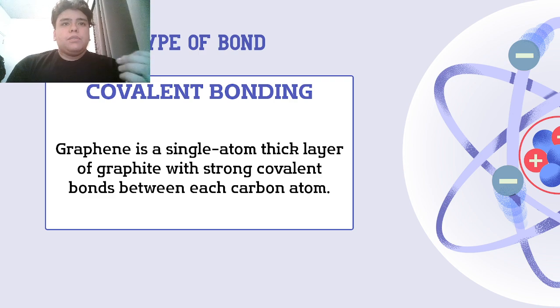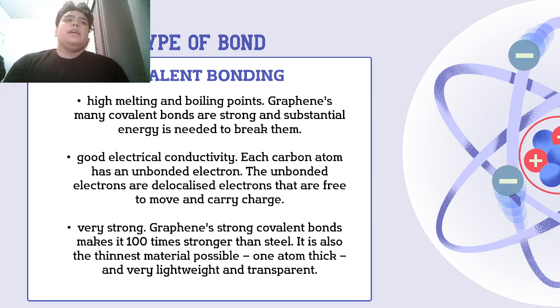Now, because of these strong covalent bonds between each carbon atom, it has, firstly, a high melting point and boiling point. It needs a lot of energy to break them down. Next is its good electrical conductivity. Each carbon atom has an unbonded electron, and the unbonded electrons are delocalized electrons that are free to move and carry charge.